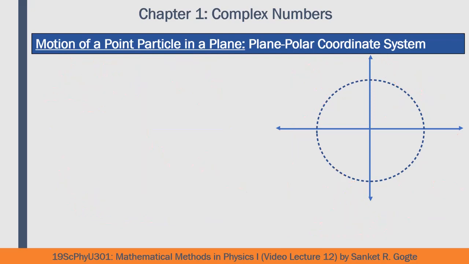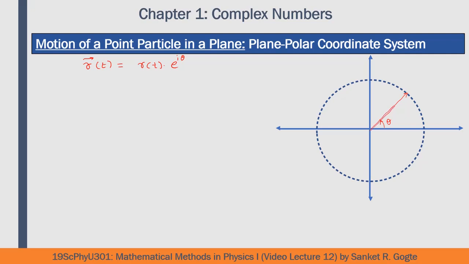Now let's quickly summarize how complex numbers can be used to write the position vector of a particle in the plane polar coordinate system. The position vector in plane polar coordinates is given by the exponential representation of complex numbers. This is a circle with radius r, and it is making an angle theta.